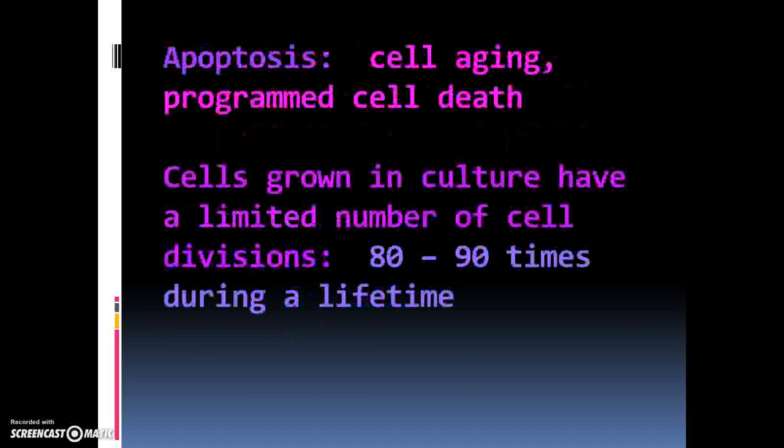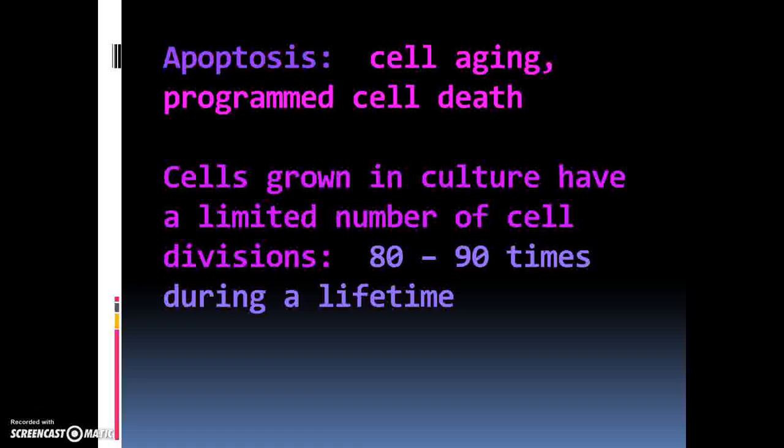All right, so we've talked a little bit about apoptosis already. So this is cell aging that leads to programmed cell death. Normally we have a limited number of cell divisions, about 80 to 90 times during a lifetime. And essentially the big reason for that is because we run out of telomeres.